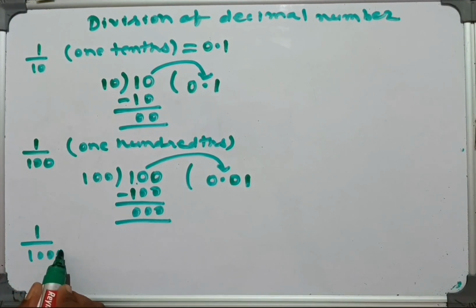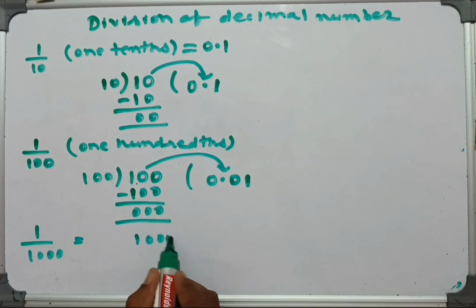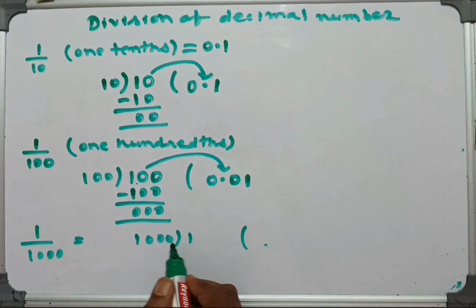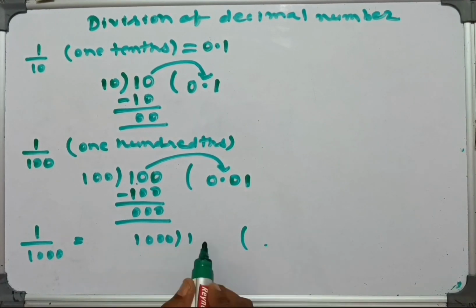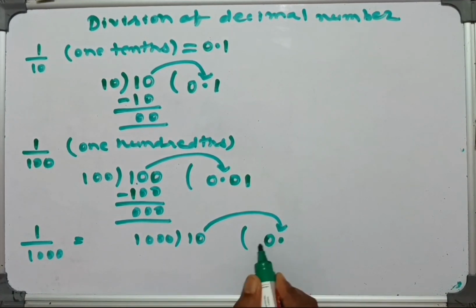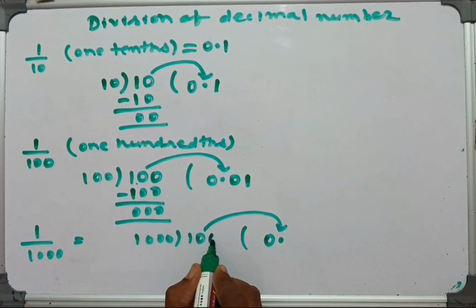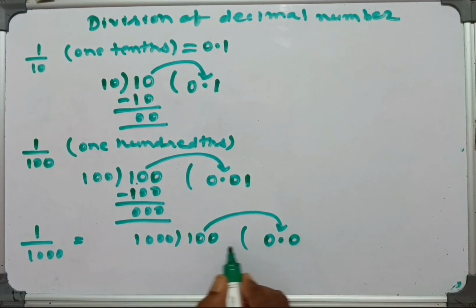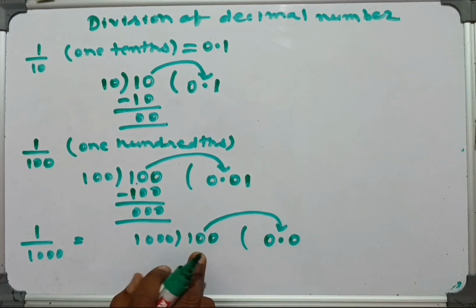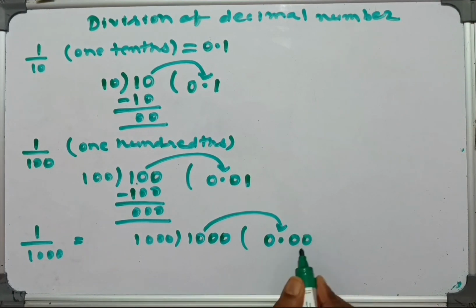Okay guys, see 1 by 1000. So we will see 1 is less than 1000, so put 0. After this 0 we will put a dot. Then 10 is also less than 1000, so put 1 0 here, again put 0 here. Even 100 is less than 1000, so we will put 0 here, and we will put 1 0.